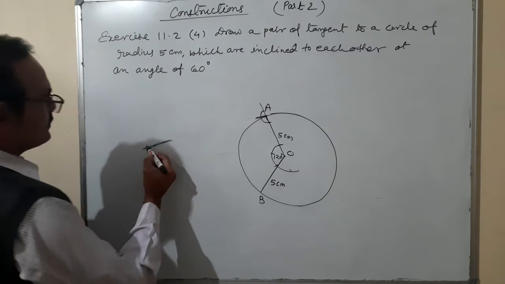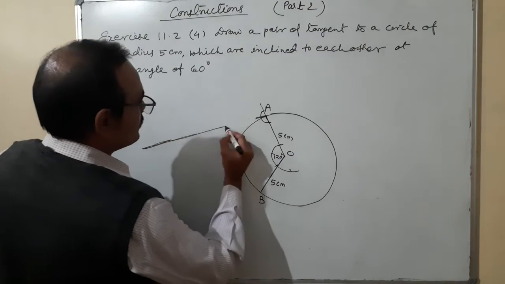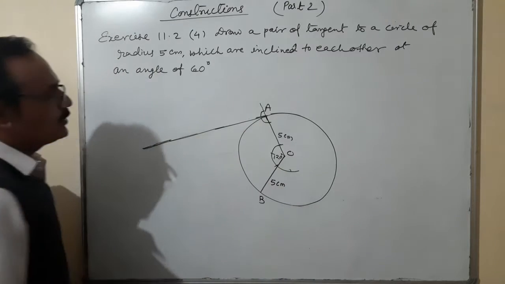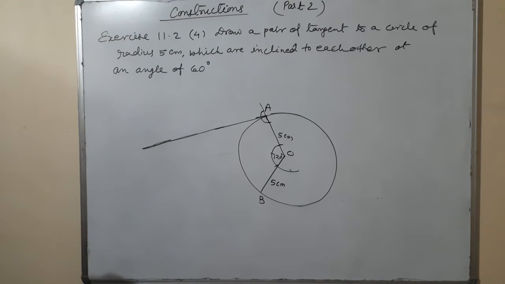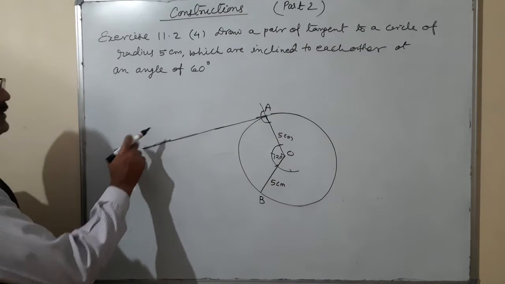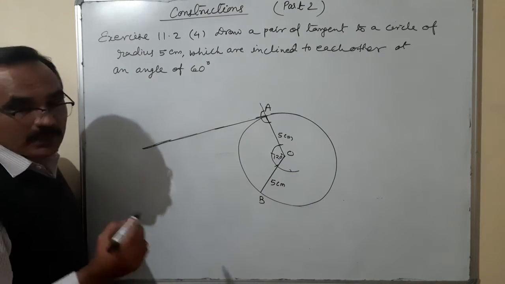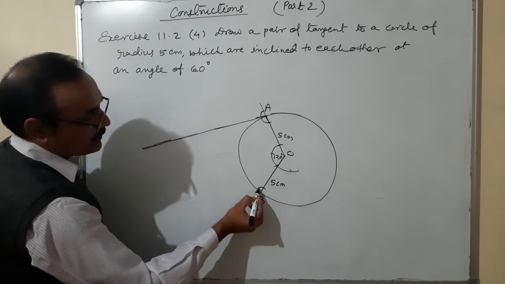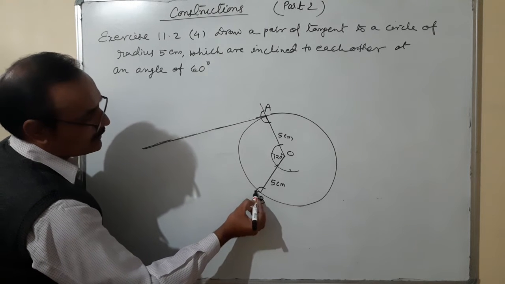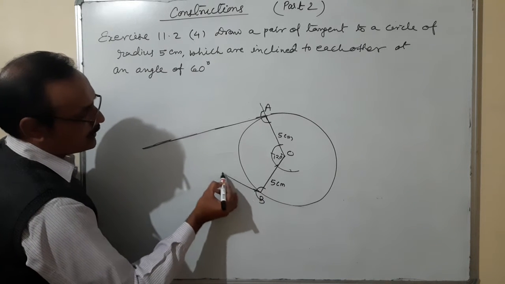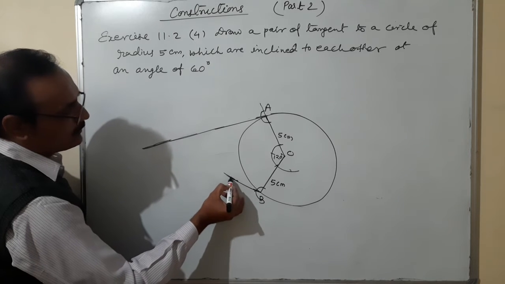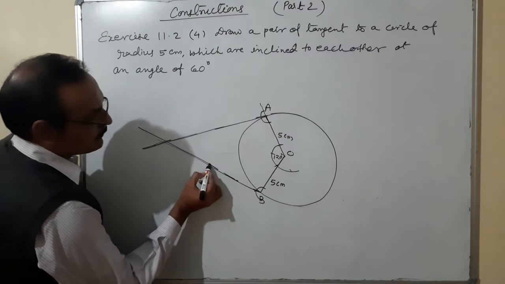A straight line should be seen here. You will use the ruler from here. This angle is 90 degree. Same thing, you can place the protractor like this, make a 90 degree angle here, and draw a line. Okay.